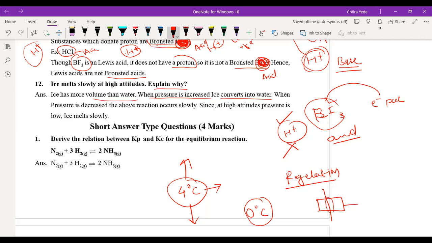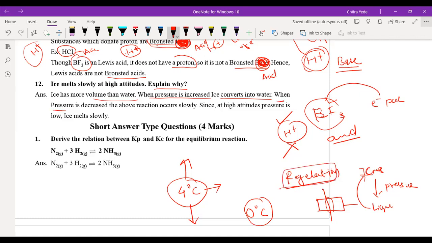So ice converts into liquid due to applied pressure, and when pressure is removed, liquid turns back into ice. This process is called regelation.